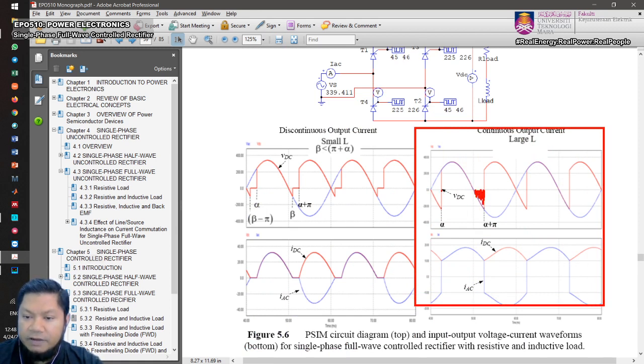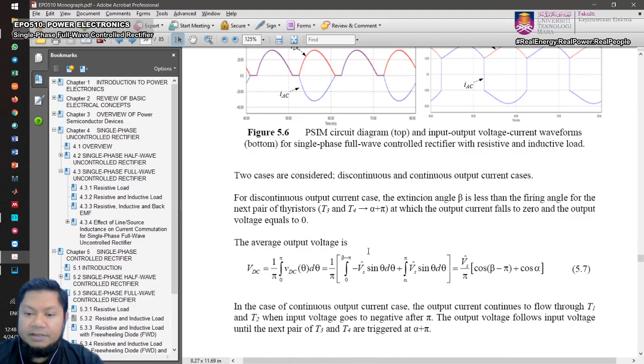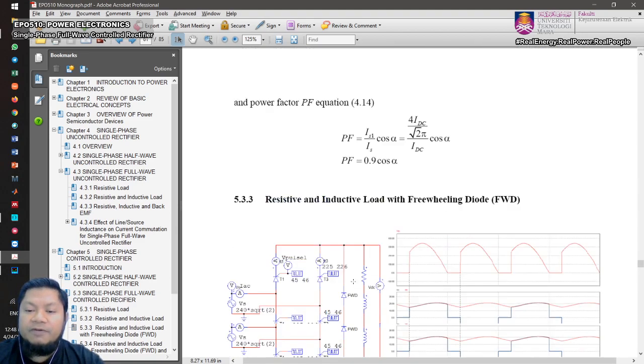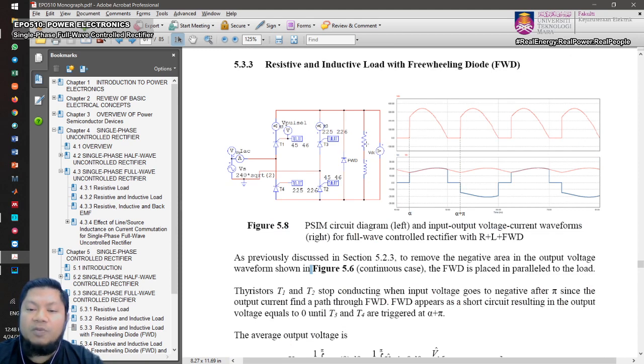So you always have this negative area. This negative area actually reduces the amount of output voltage available for the rectifier. So you want to get rid of this. You want to remove this. So how to do that? Again, we have to place the freewheeling diode across the output voltage, across the load.